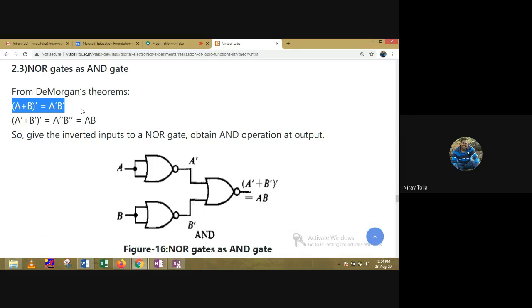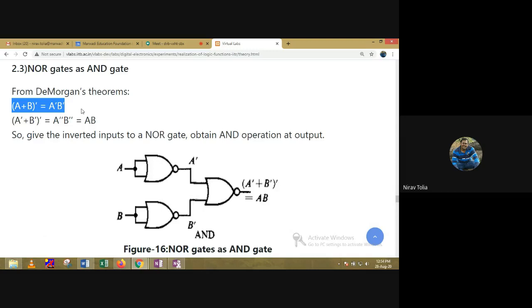So here what we are doing, we require A into B. We give A input only to the first NOR gate, so it gives A bar. Then for the second NOR gate, we give B input only, so it gives B bar. That A bar and B bar we give to the third NOR gate.